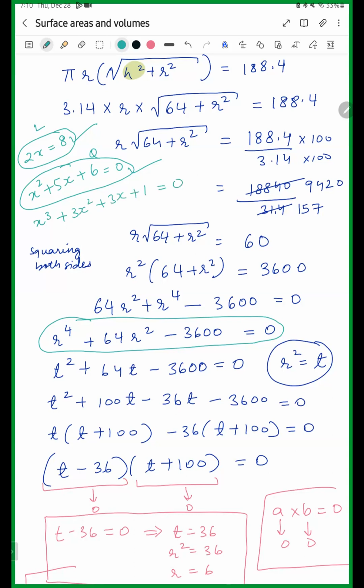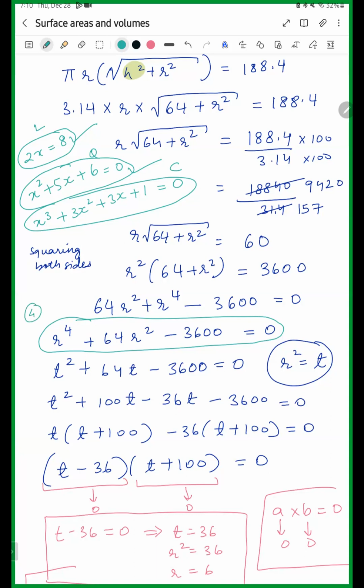This is a cubic equation in one variable. And over here also, you can factorize this and find the value of x. But this one is a higher degree equation. This one is not even cubic, it's higher than that. The degree of this equation is 4, fourth degree.